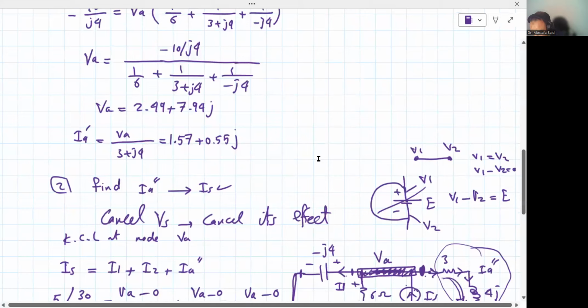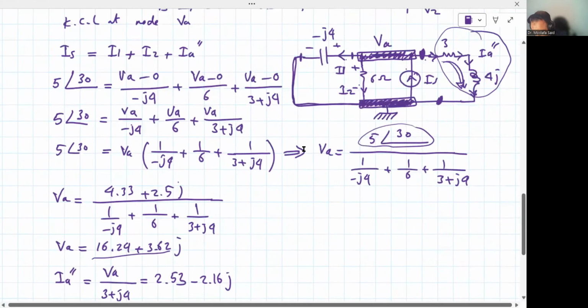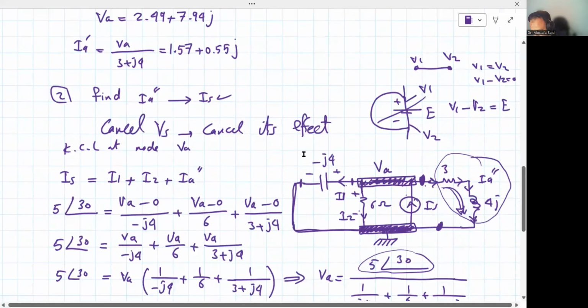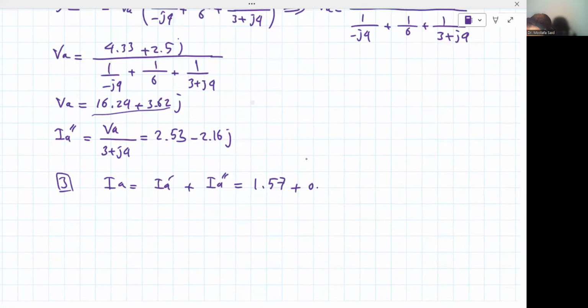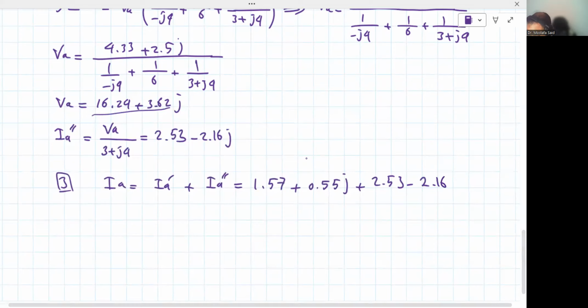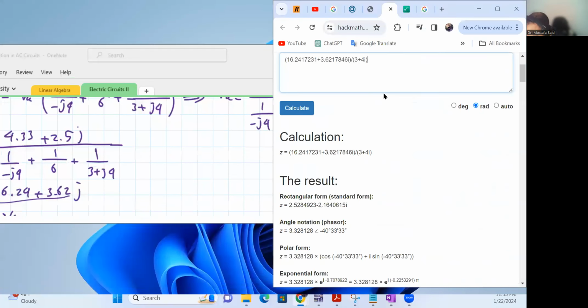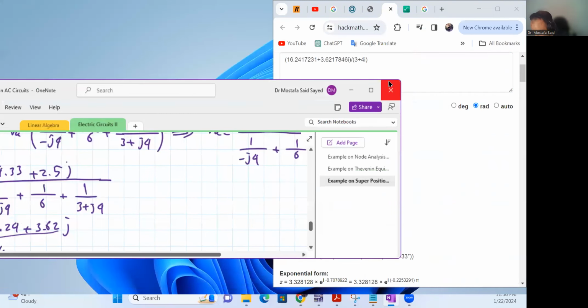IA dash is 1.57 plus 0.55j, and IA double dash is 2.53 minus 2.16j. Okay, let's do this in our online calculator as well. We don't do any simplification ourselves, because we are afraid to make any mistakes, so we use the online calculator.